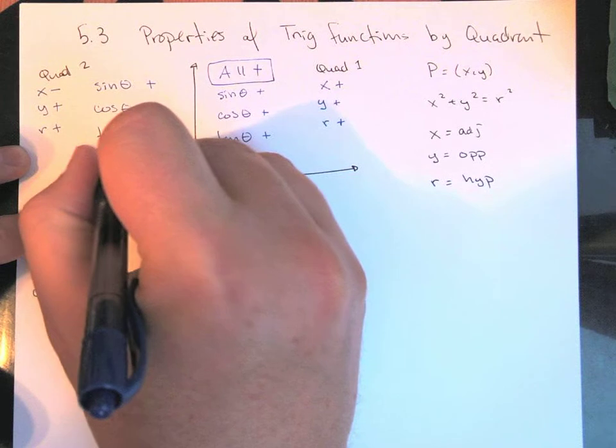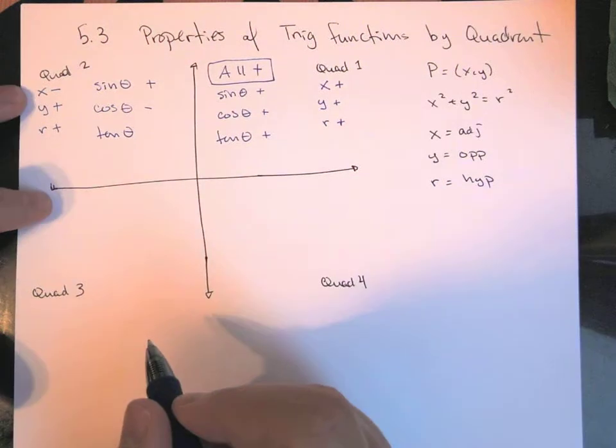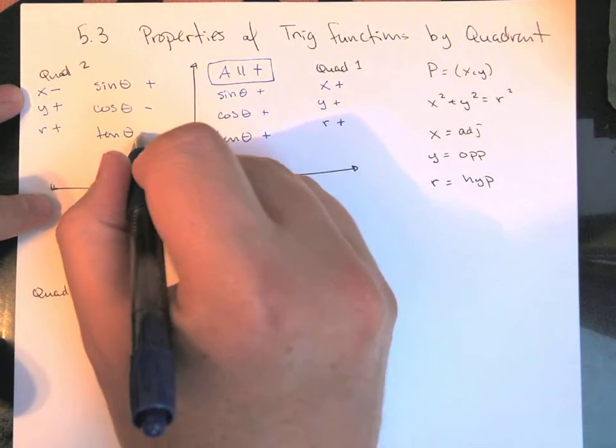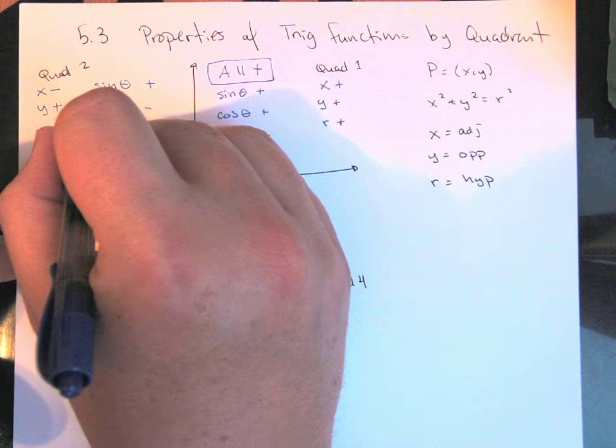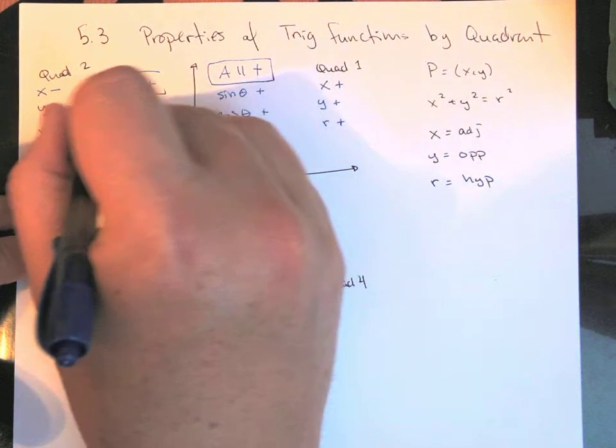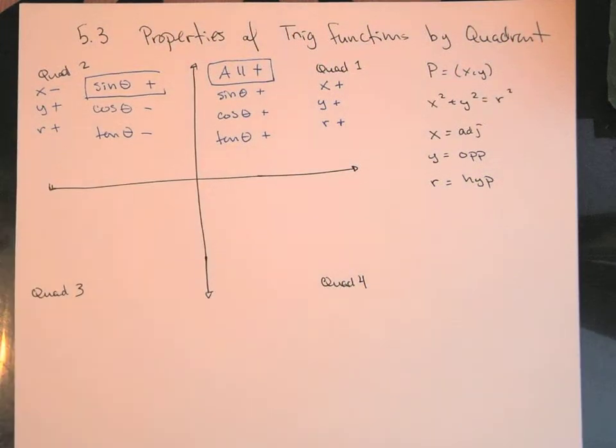And then our tangent, because it's a mixture, the y value divided by the x, is also going to be negative. So the positive pair, sine and then cosecant, are going to be for quadrant 2. So in the second quadrant, two of our big three flip to negative. Sine is the only one that stays positive.